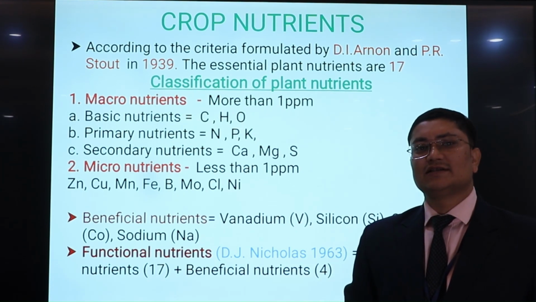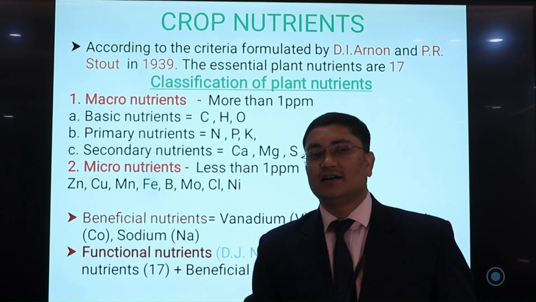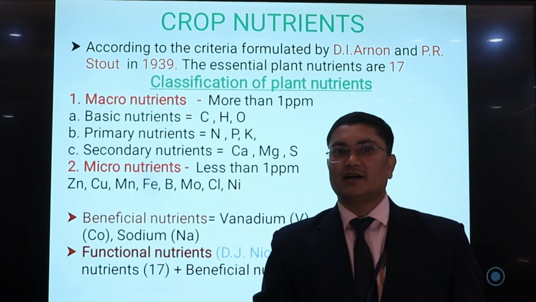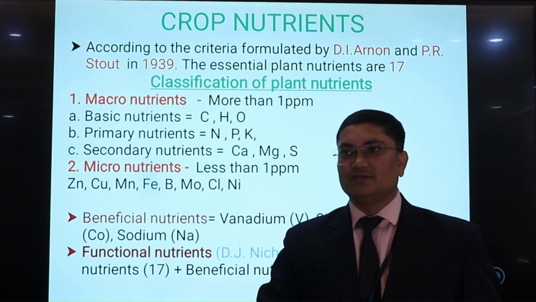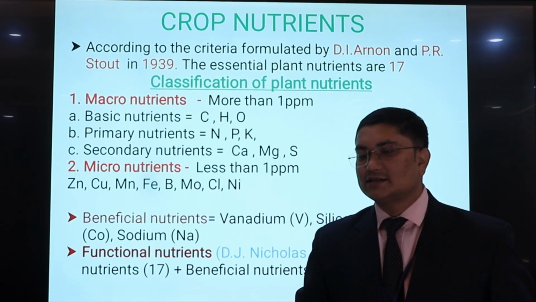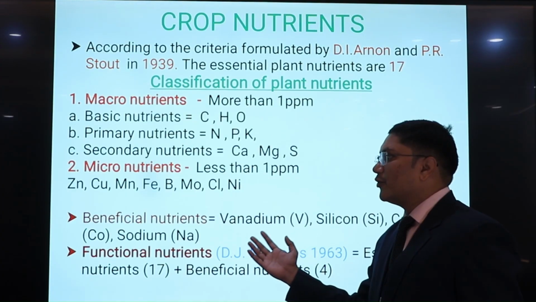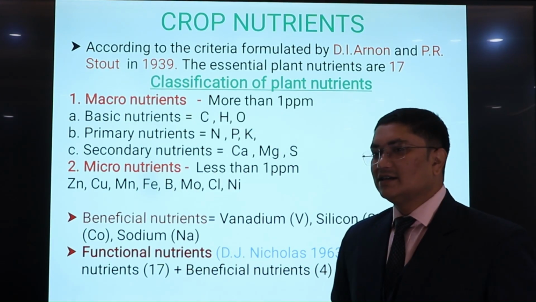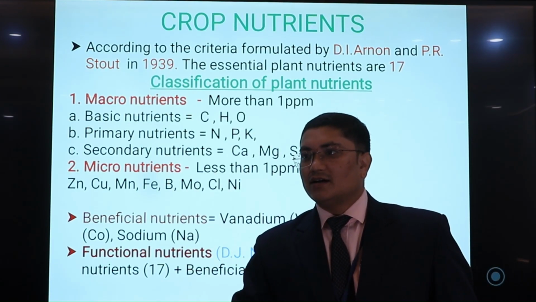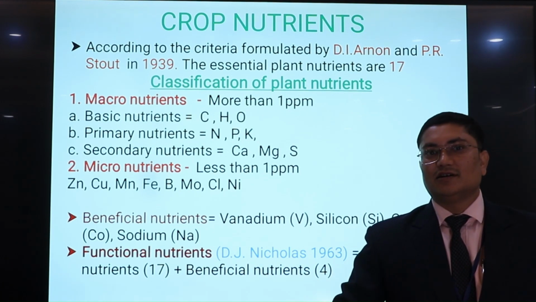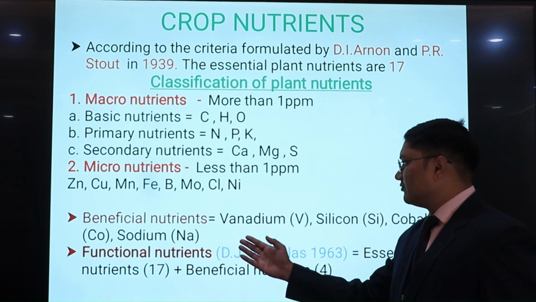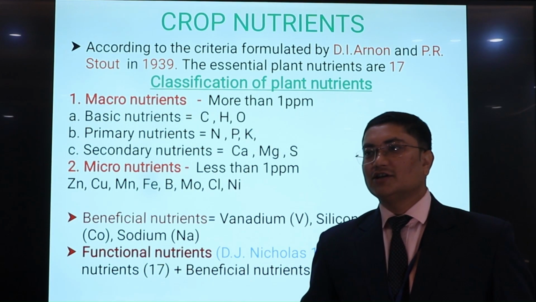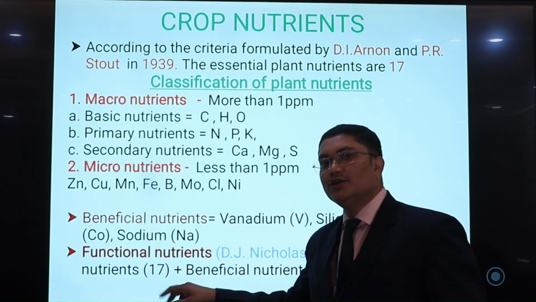After the criteria of essentiality, Nicholas found that the 17 are very important for growth and development. But in terms of economic yield, these 4 are also very important and play a vital role, because without them the plants do not achieve the required economic yield. They proved very helpful, so in 1963 Nicholas gave the new term functional nutrient.